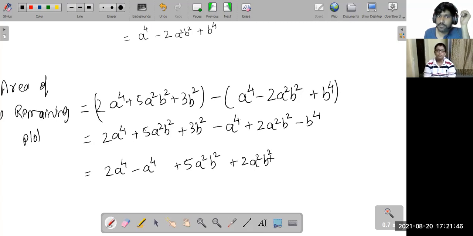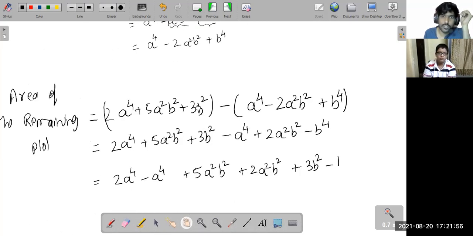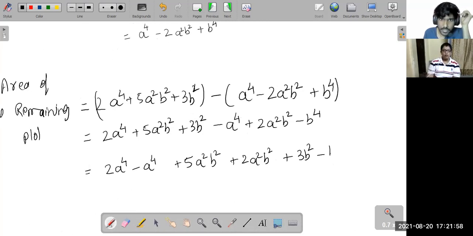And last, plus 3b raised to 4 minus b raised to 4. Is that right?